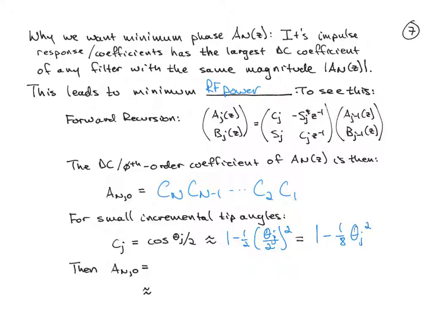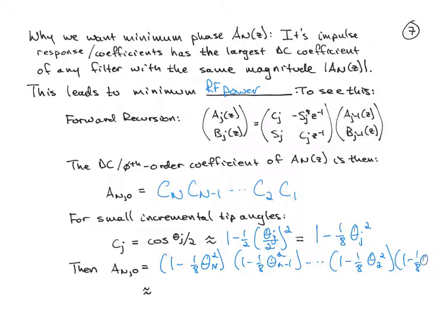Then that means that the zeroth order coefficient of A is 1 minus 1/8 theta sub n squared, times 1 minus 1/8 theta sub n minus 1 squared, dot dot dot, all the way down to 1 minus 1/8 theta sub 2 squared, 1 minus 1/8 theta sub 1 squared.